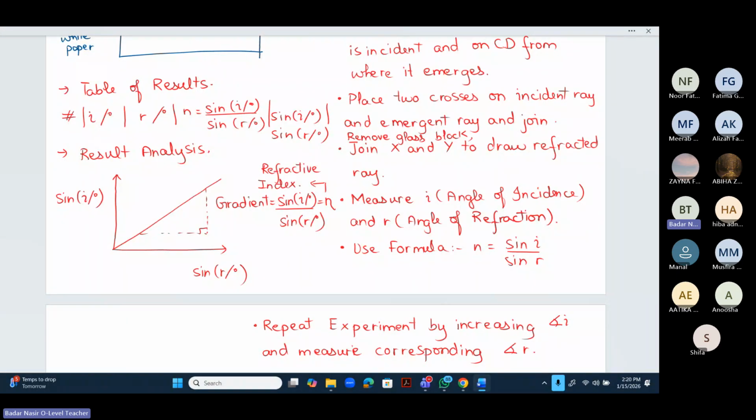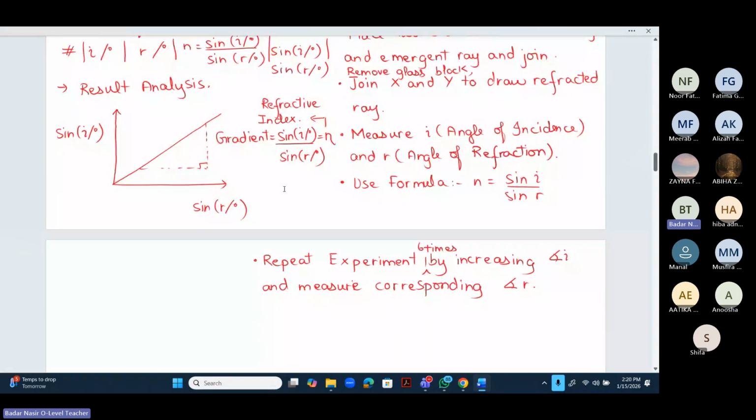Yes, I hope this is clear to you all. So repeat the experiment 6 times by increasing the angle of incidence and measuring the corresponding angles of refraction. And then at the end, once you have given the table of results, you can simply plot a graph of sine of angle of incidence on the y-axis against sine of angle of refraction on the x-axis.